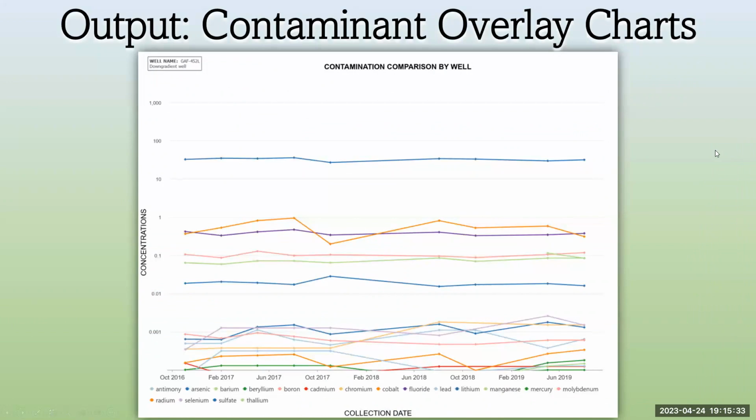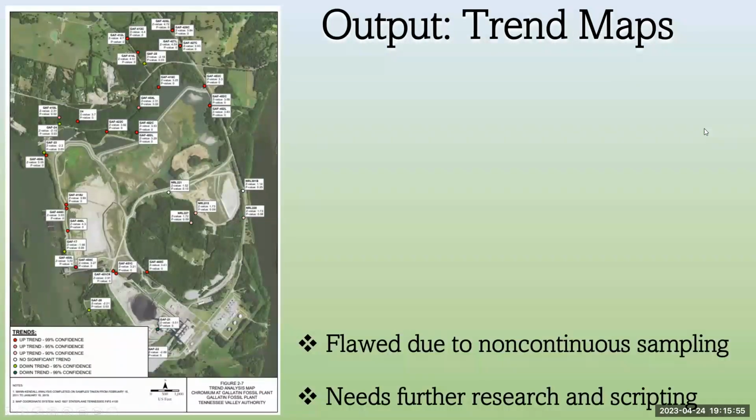Once I saw those charts, I thought, well, what if we took each well and combined all of the different contaminants that were sampled for? And I started to look at this and I thought, wow, you can really see some kind of patterns between different contaminants, which led to trend maps. And I thought this was going to be a great idea, the trend maps.